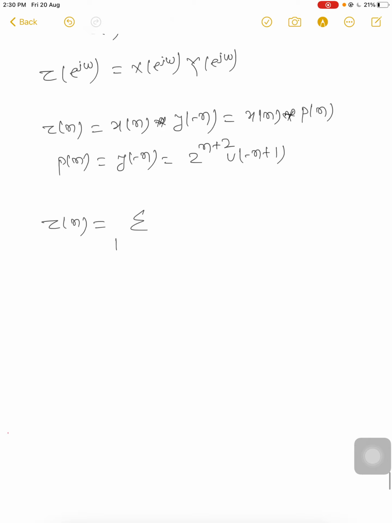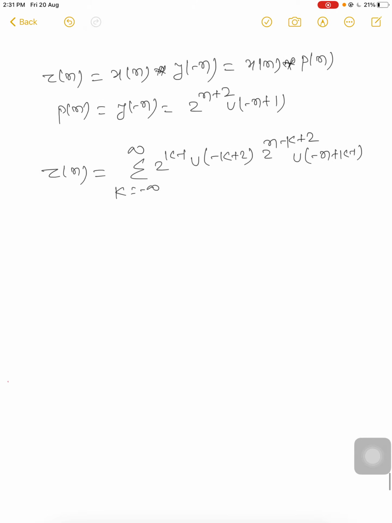So after simplification, z[n] is equal to the summation over k from minus infinity of 2^(k-1) u[-k+2] times 2^(n-k+2) u[-n+k-1].